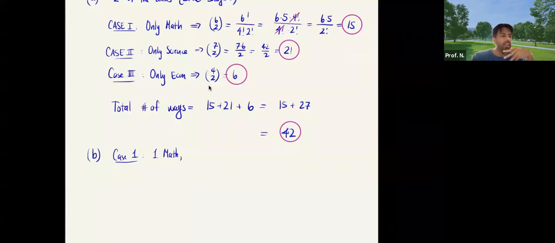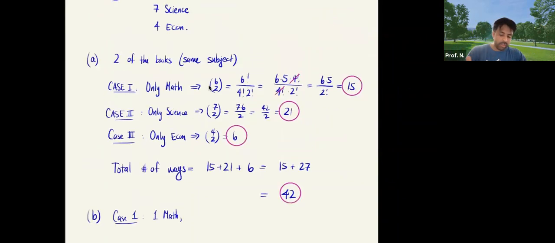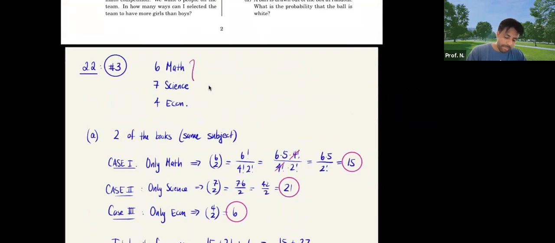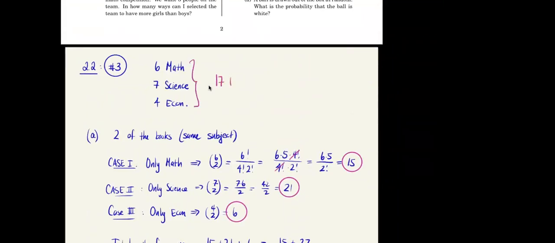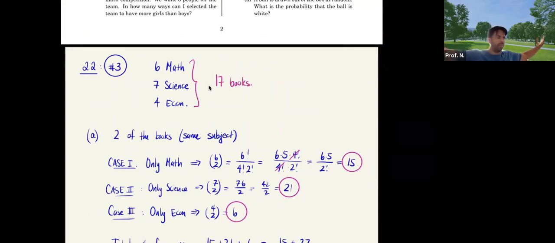Or you can say, wait a minute, if I found the number of ways for them to be the same, I can figure out the total number of ways of just selecting two books out of the total of 17 books. I don't care what they are for a moment.